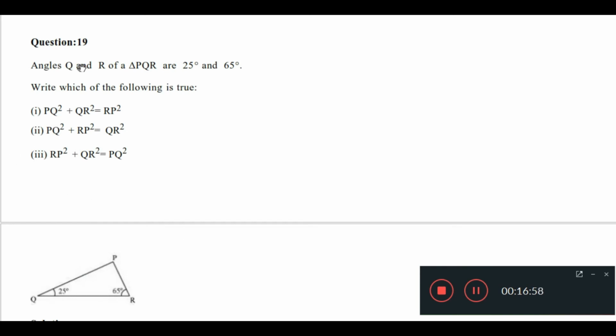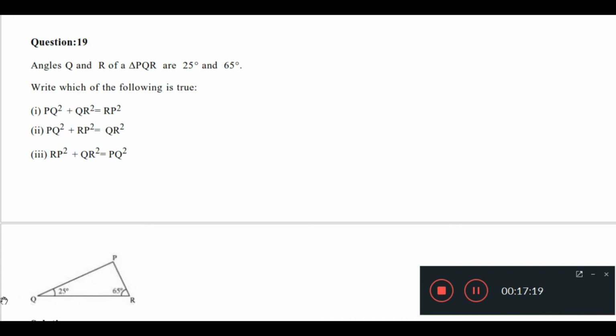So what they are asking, basically it's not a true or false, you can say it's a high order thinking question. So it is saying that angles Q and R of a triangle PQR are given as 25 degree and 65 degree. So first you have to mention what kind of triangle it is.